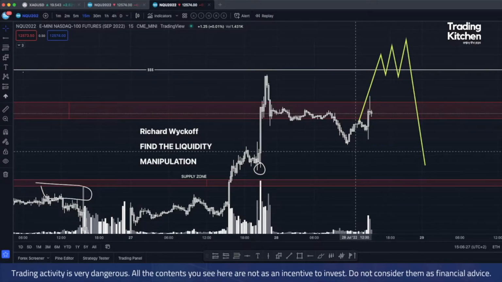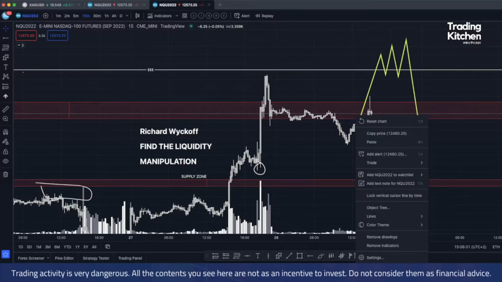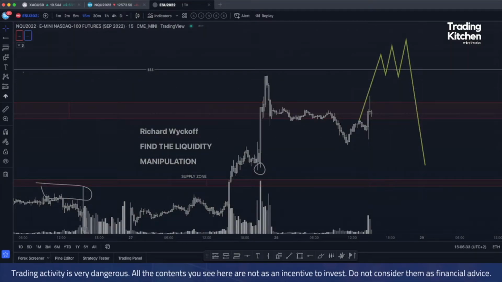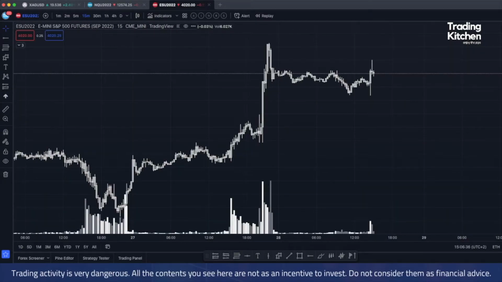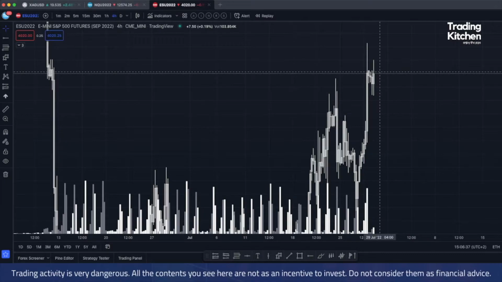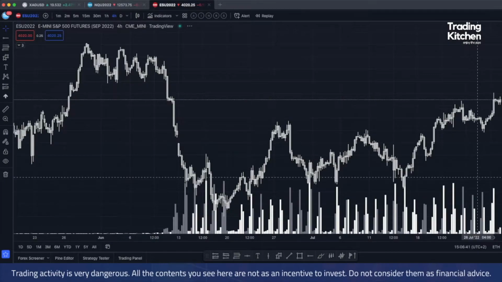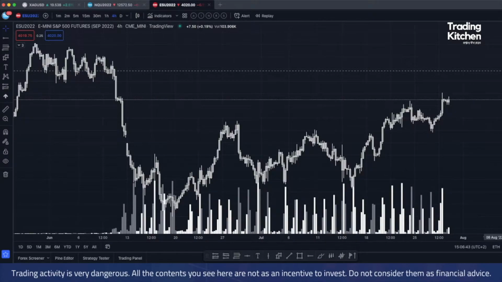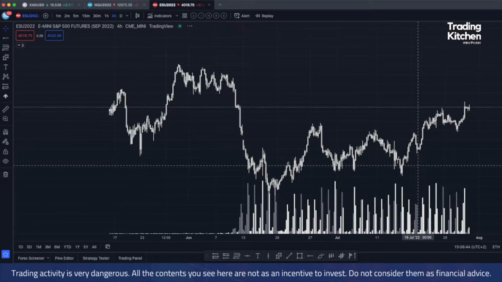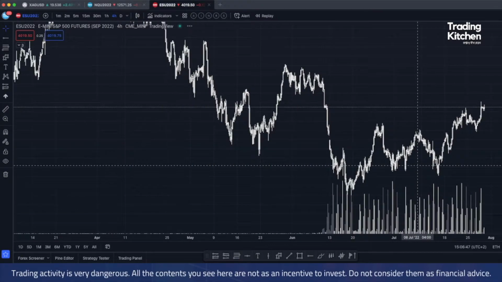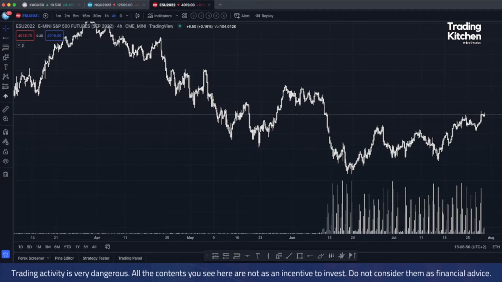Okay, so here, for example, let's go on S&P futures. The first thing to do, even if you trade intraday, with an intraday strategy, is to really understand what is going on in the big scenario.